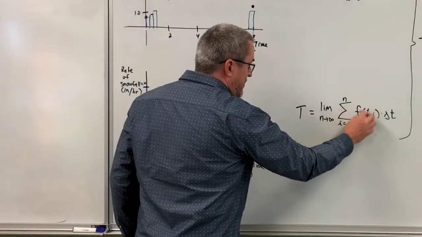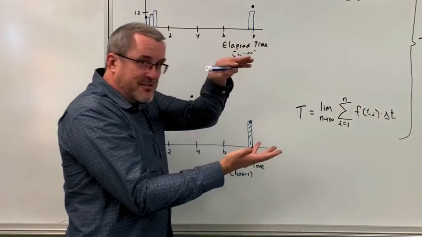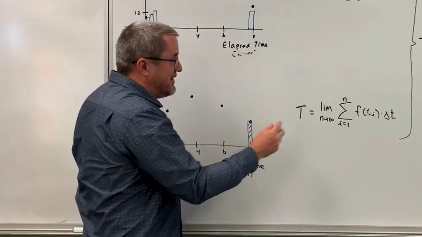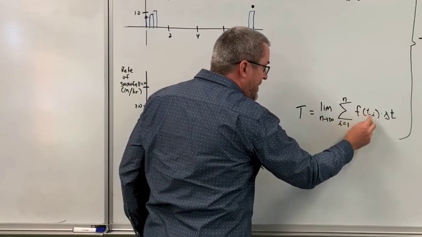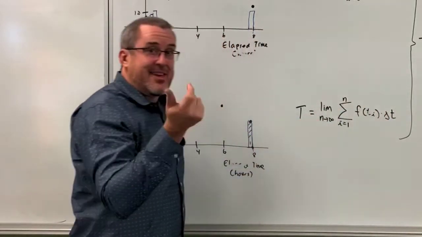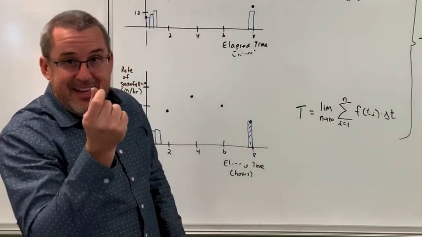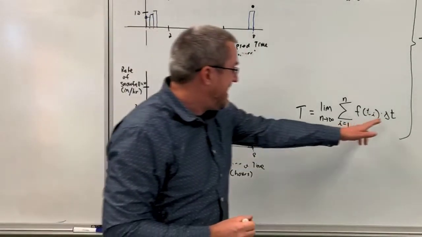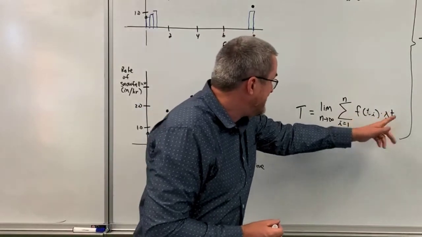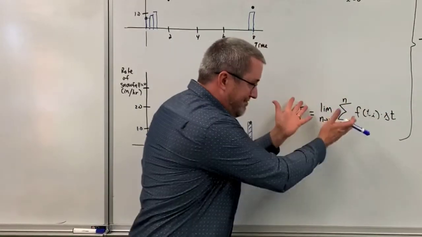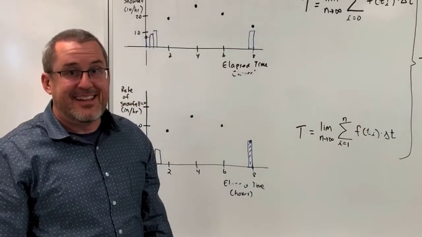So the rate, f of t, the output value of this function, the rate in inches per hour, gets multiplied by the amount of time that has elapsed, that infinitesimal amount of time measured in hours. Inches per hour times hours, sum them all up, total amount of snowfall in inches.